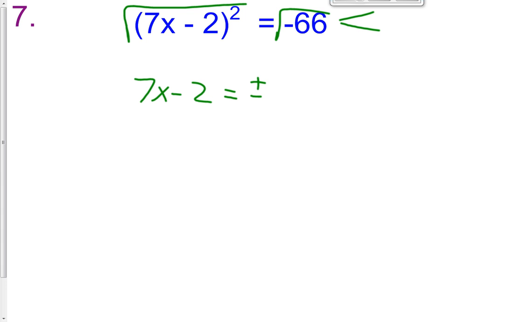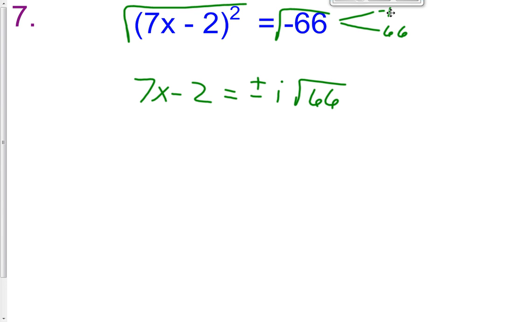None of those factors that I said are perfect squares, so you really can't reduce 66 except for taking an i out of it, because it's just a negative 1 times 66. So the negative 1 comes outside the radical as i, and then the square root of 66 stays underneath the radical. So it doesn't clean up very nice, but that's what we get when we simplify the square root of a negative 66.